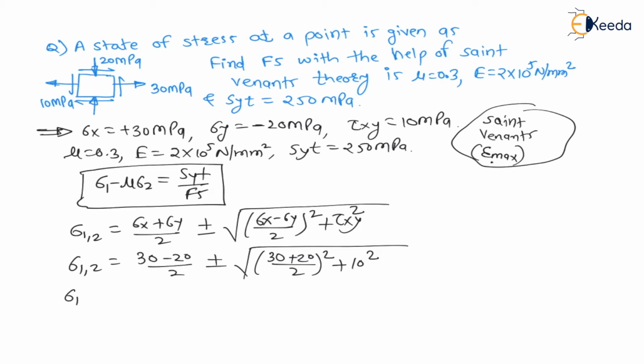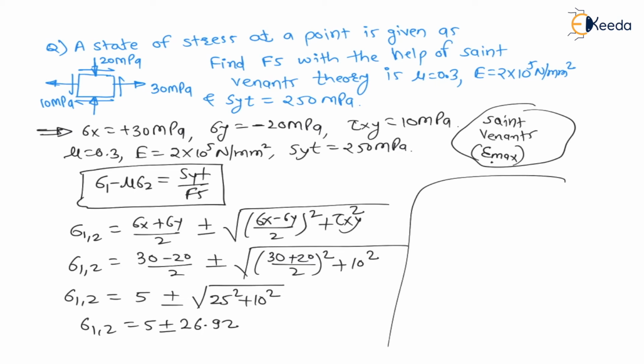Therefore, we will get sigma 1, 2 is equal to 5 plus or minus under root of 25 square plus 10 square. Now, if you find sigma 1 and sigma 2, you will get sigma 1, 2 is equal to 5 plus or minus 26.92. Therefore, while finding sigma 1, we have to put the plus sign.